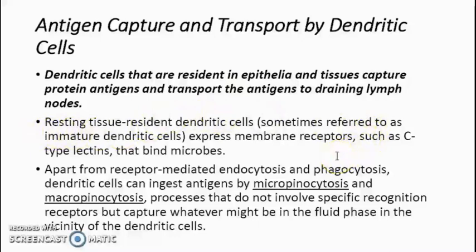Apart from receptor-mediated endocytosis and phagocytosis, dendritic cells can ingest antigen by micropinocytosis and macropinocytosis, processes that don't involve specific recognition receptors but capture whatever may be in the fluid phase in the vicinity of the dendritic cells.